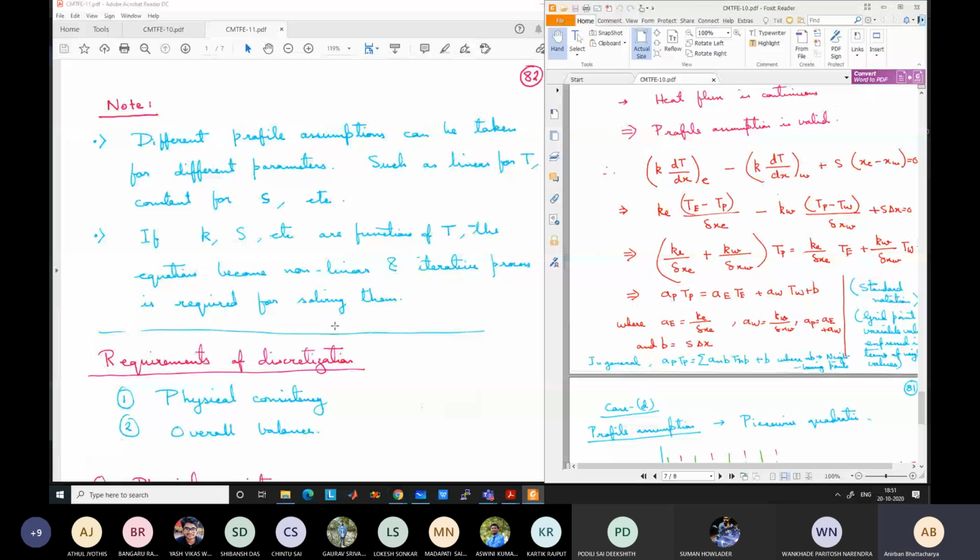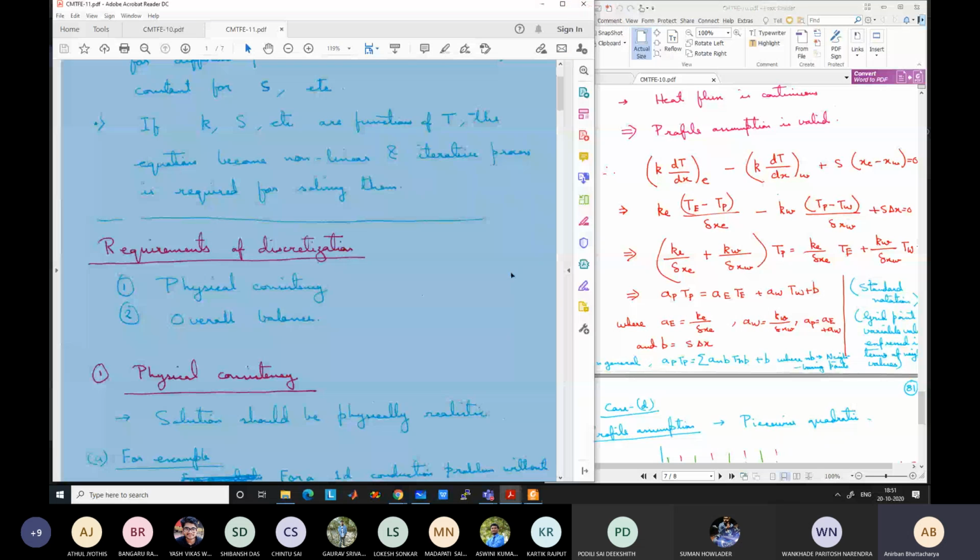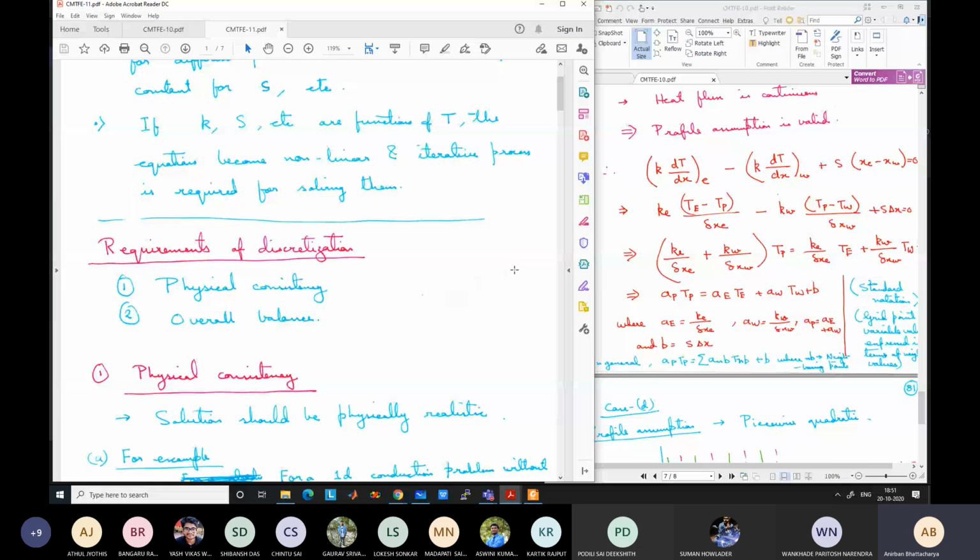So this is how we formulate a discretized equation using the finite volume method. Now, before going into the conductivity and source term treatment, we need to discuss two important requirements of discretization. Discretization cannot be arbitrary, and we have already discussed this without formally saying so.